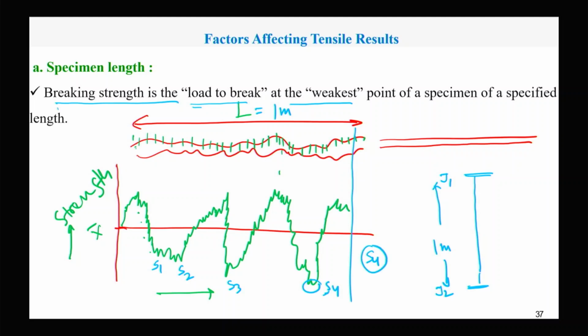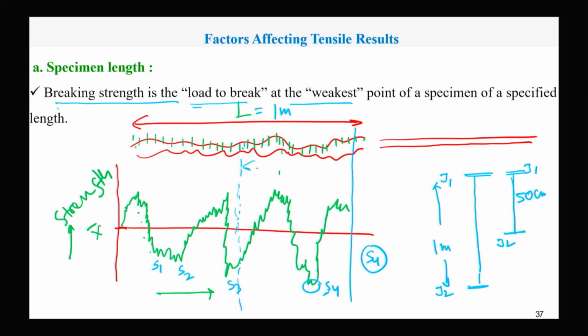Okay. Now let us see, we are taking the gauge length as 50 centimeter. We are dividing into two parts. So 50 centimeter, half. J1, J2. We are dividing into equal two parts. This is the two parts.